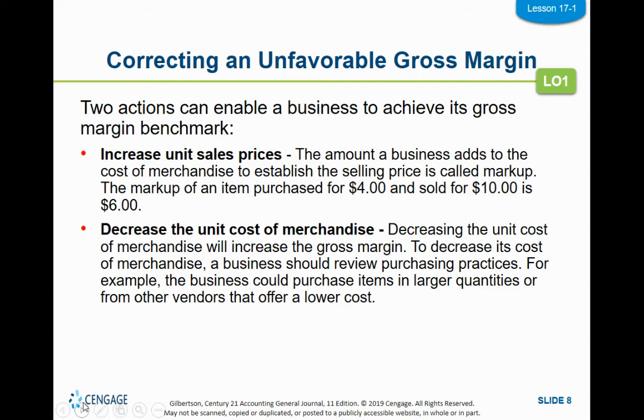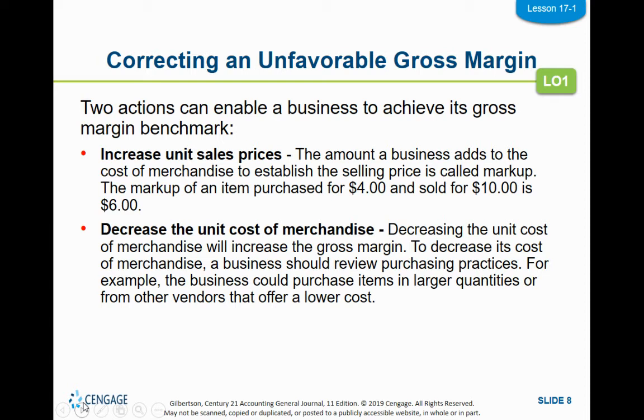The problem with increasing prices is that you want to make sure you do not price yourself out of the market, meaning that if you increase your prices too much, customers will go to a competitor, or they'll just quit buying your product altogether if it's not a necessity. So you really got to be careful about increasing unit prices and making sure you do not lose customers when you do increase your prices.